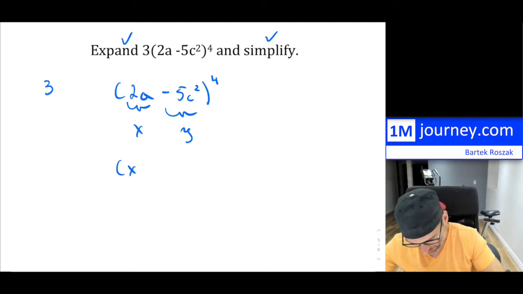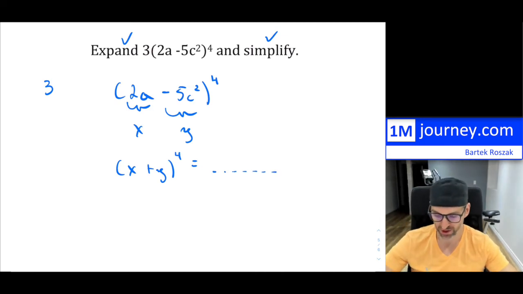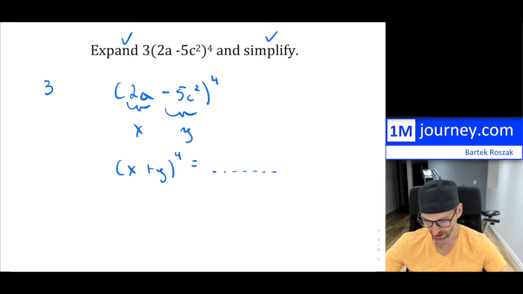So if you remember, x plus y to the 4 can be expanded by the binomial expansion. Okay, so I'll do this in kind of fast forward fashion to remind you, and then we'll try to simplify and collect all the terms. Okay, I'll see you right back.